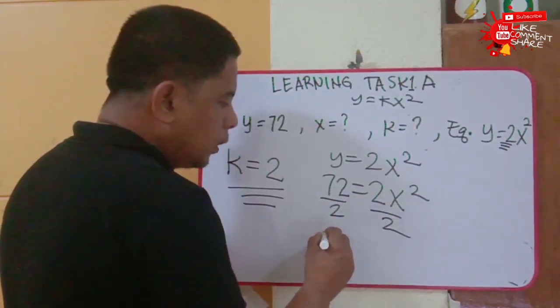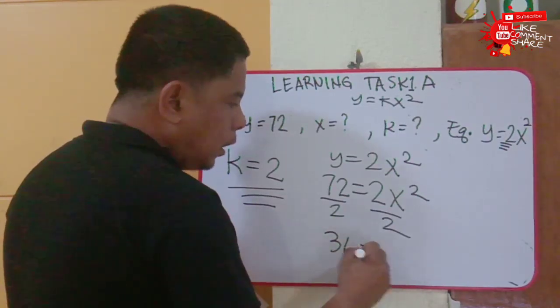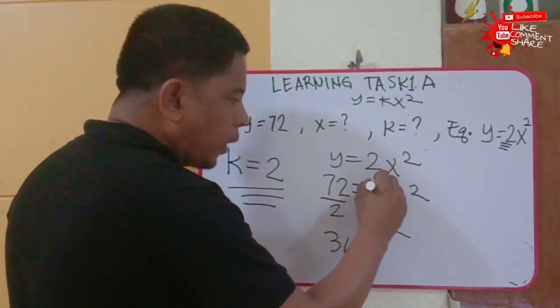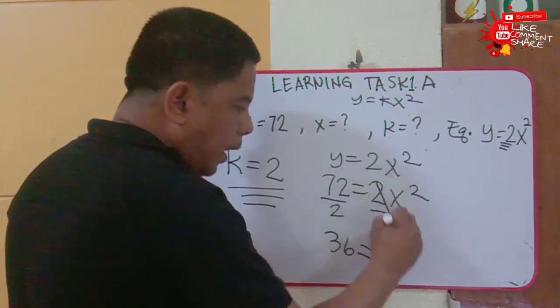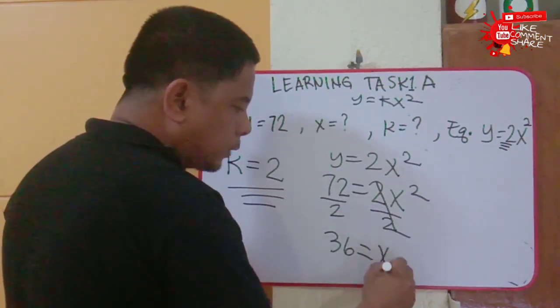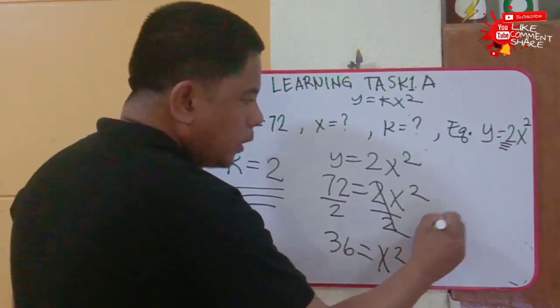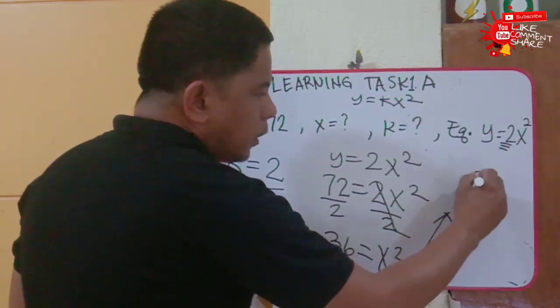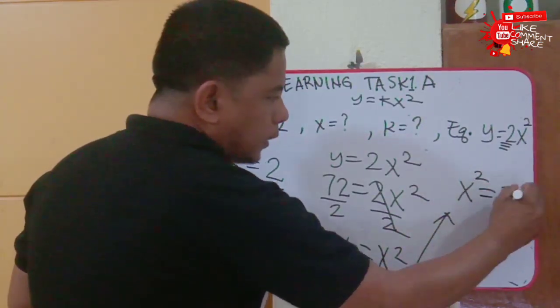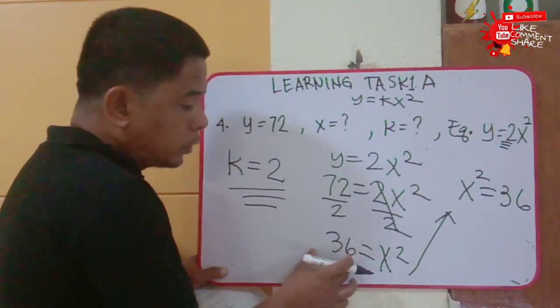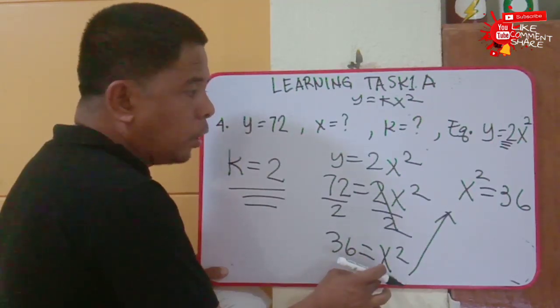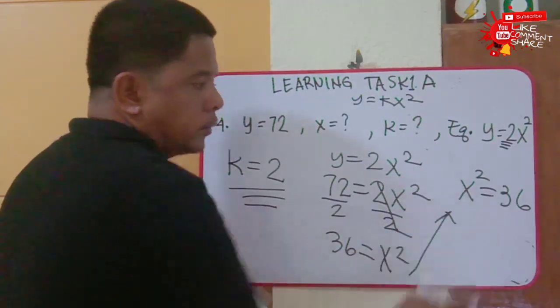We have 36 equals 2x squared divided by 2, or simplify, cancel, so we have x squared. So, x squared equals 36. Symmetric lang, 36 equals x squared is also equal to x squared equals 36.